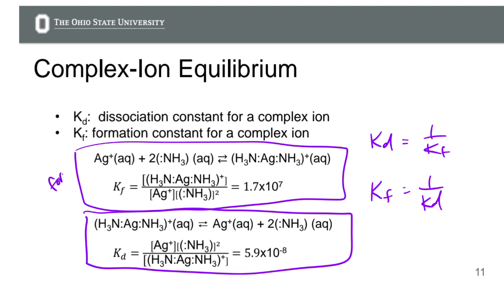So this is formation, and this is dissociation. And so for the formation, we take the two ions, those are now the reactants, and we figure out what their equilibrium is with the complex ion. Okay?